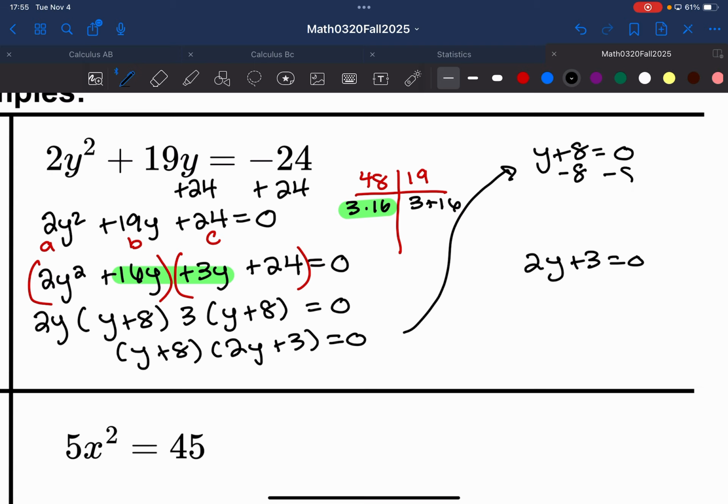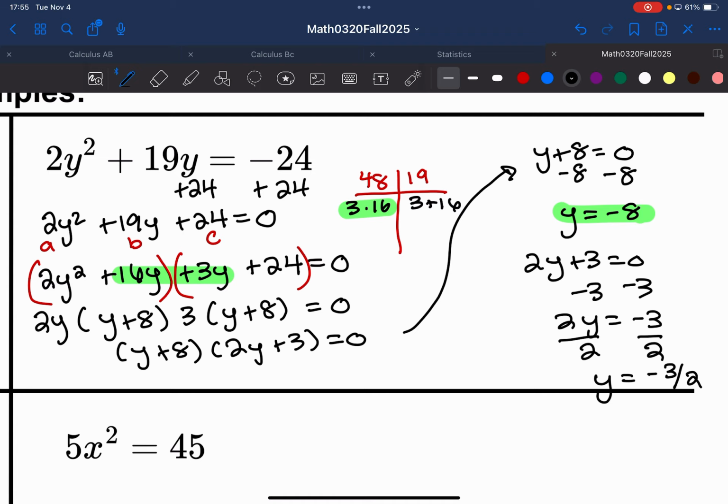So in the first one, what am I doing? Minus 8. So I have y is equal to negative 8. Okay, and then the next one? Minus 3. So I have 2y is equal to negative 3. Divide by 2. And I have y is equal to negative 3 halves. And I always just leave it as a fraction.